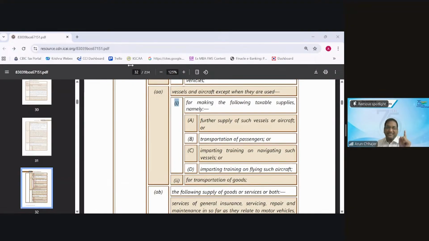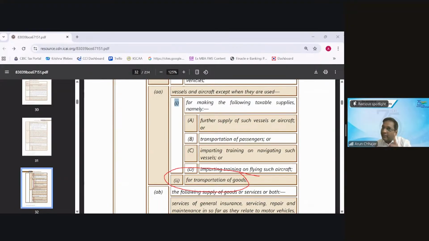Yes, Samyanathan, absolutely correct. You can carry your own goods. Tell me one thing, you have a factory. If you purchase the truck for movement of your factory goods, is it your taxable supply? If you are using the truck for your own purpose, for shifting your goods, will it be your taxable supply? The answer is no, it will not be a taxable supply.